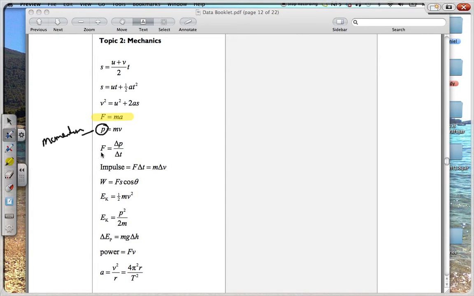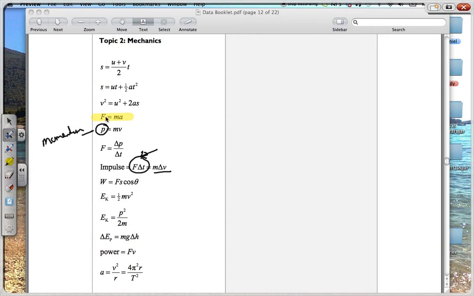Now the force is equal to the change in momentum over time, and we can rewrite this as F times the change in time is equal to the change in p. This is often called the impulse.